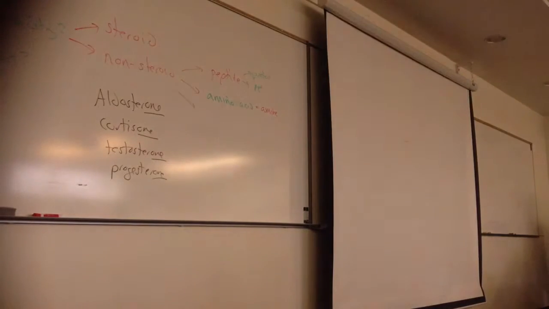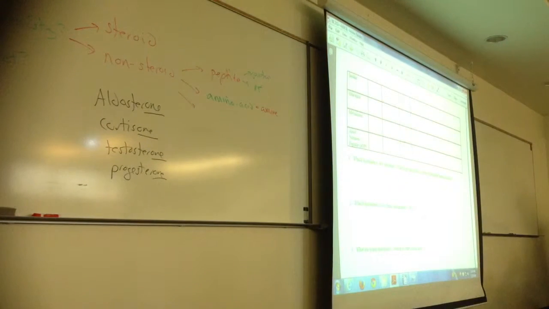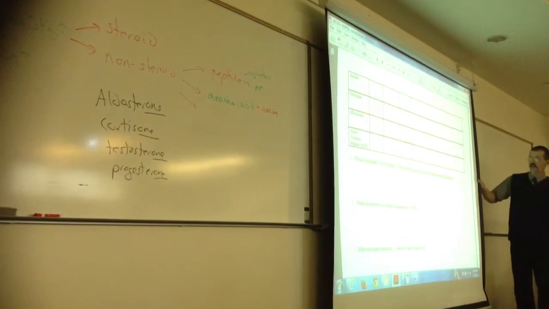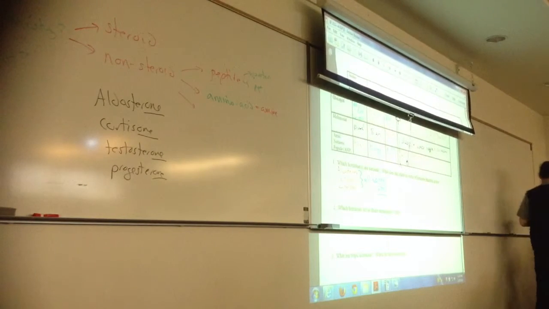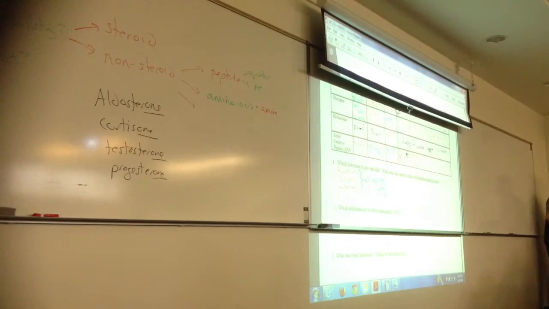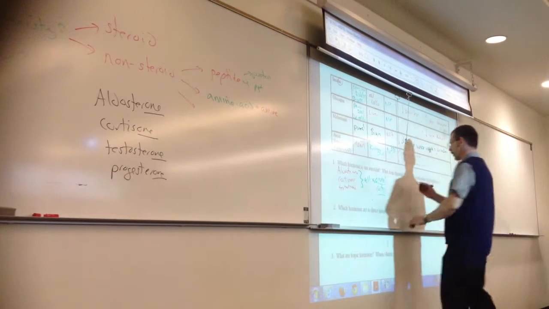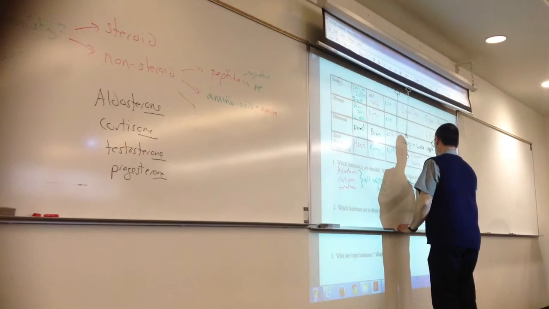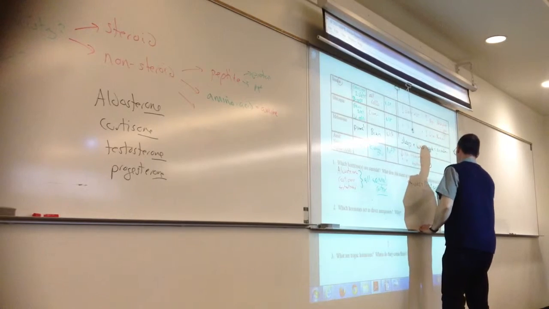So let's go back to our magic picture here. Now I'll show you the animation. What's this mean in terms of function and action? Does the receptor take it just inside the cell, or does it take it to the nucleus? Both, depending on which receptor it is. So steroids: direct action.